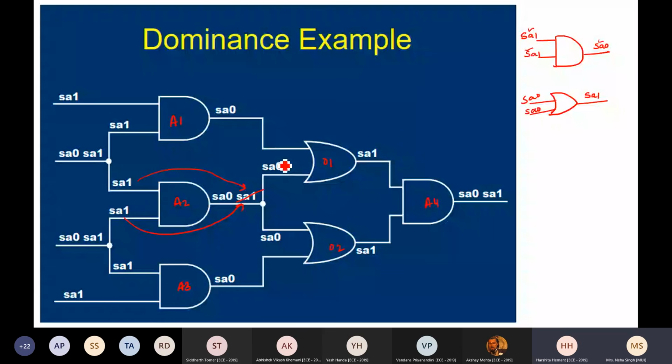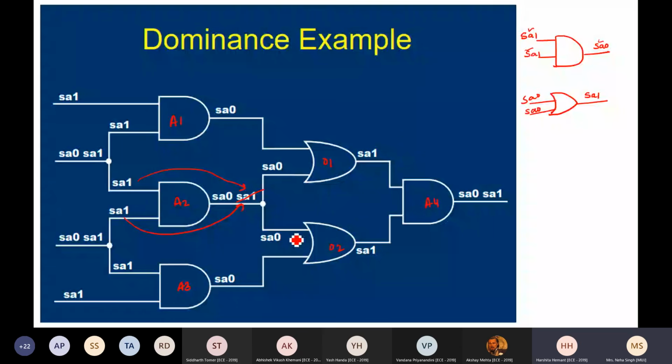Right? O2 may be, this is stuck at 0, this is stuck at 0, and this output is stuck at 1. So nothing can be eliminated. On this fan out, nothing can further be eliminated. This will be left as it is. So no more fault collapsing till this point.